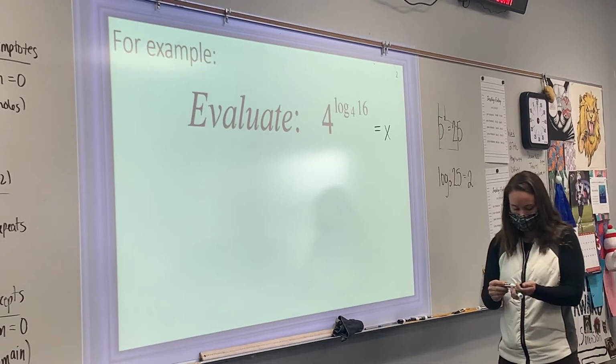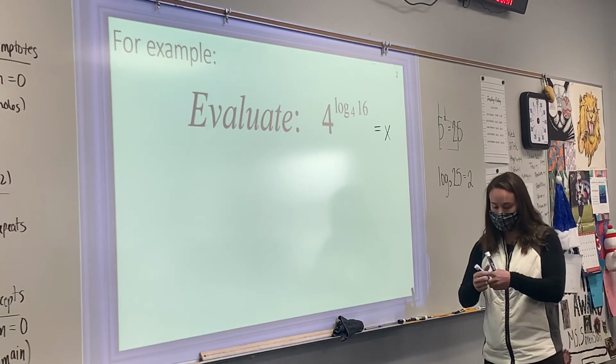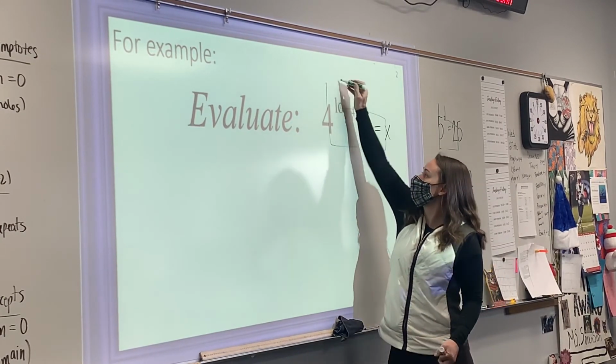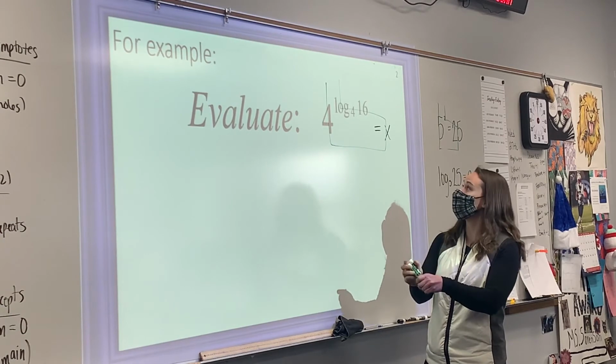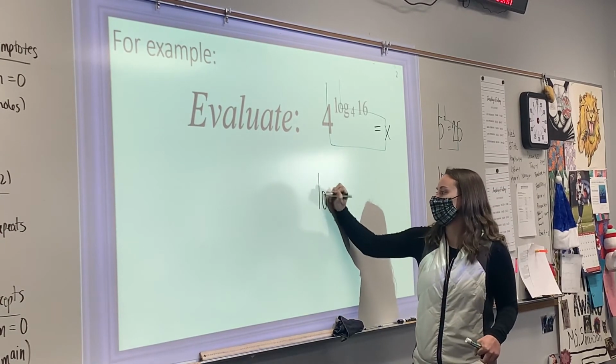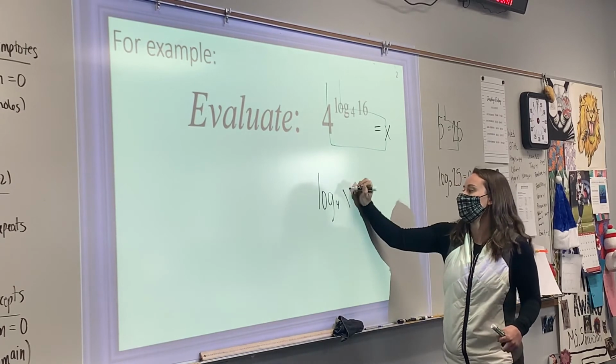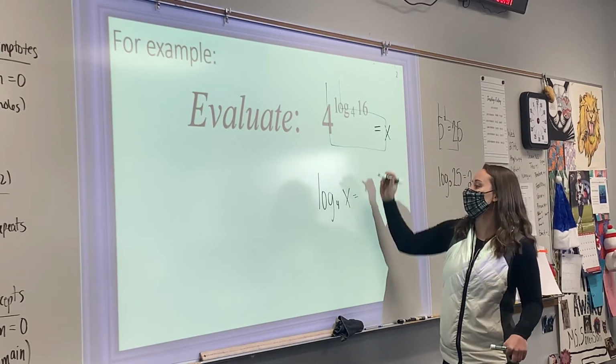So the first step that you should have done is recognize that this is an exponent, so we can transform this into a log. So this should have been log base 4 of x. Log base 4 of x is equal to this thing right here.